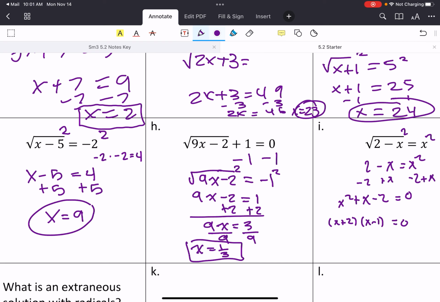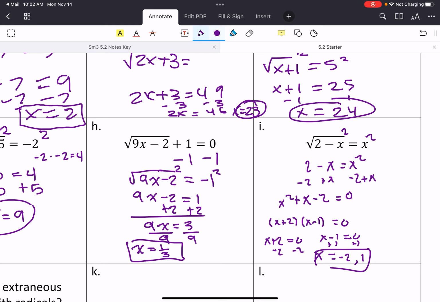And then factor. What are the roots of those factors?